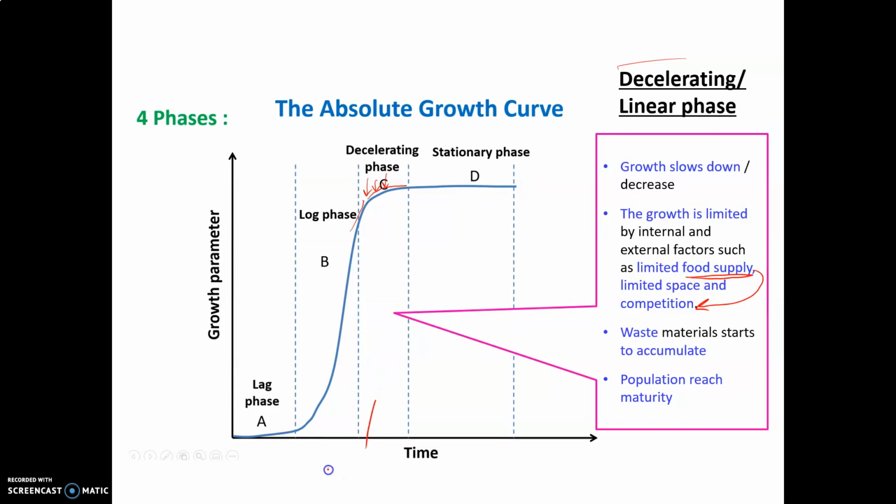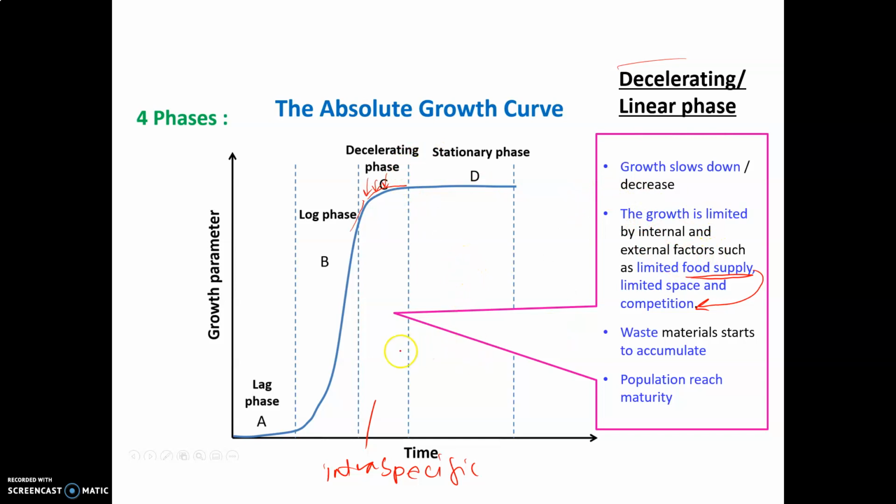Kalau dia melibatkan of the same species, we call it intra-specific competition, persaingan dalam spesies yang sama. Dan kalau melibatkan spesies lain, dia panggil interspecific competition. Interspecies competition pun boleh. Di mana dia melibatkan competition dengan individu daripada yang lain. Okay, this one adalah what will happen during decelerating phase.